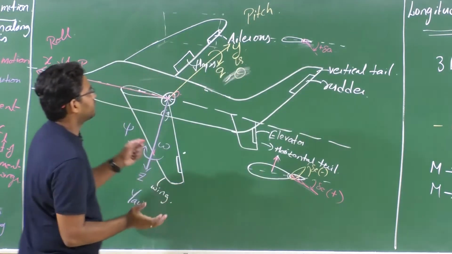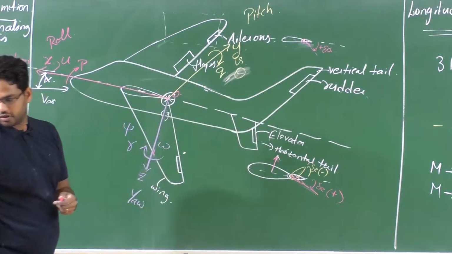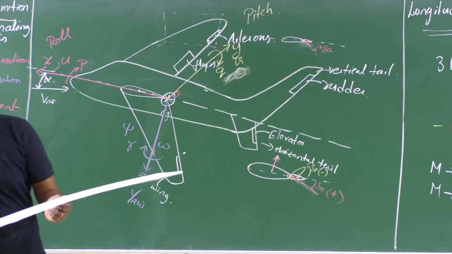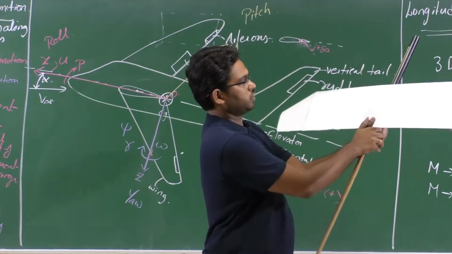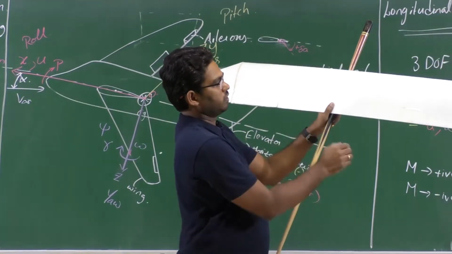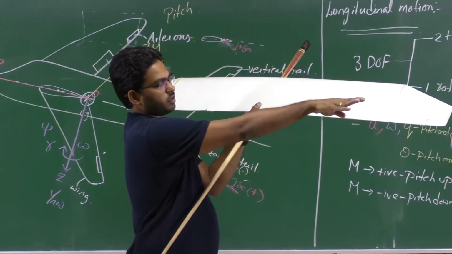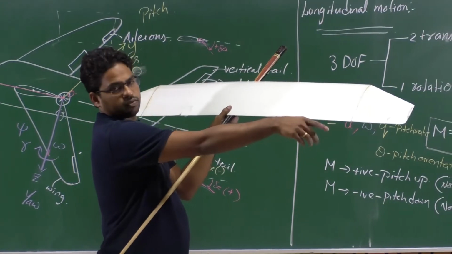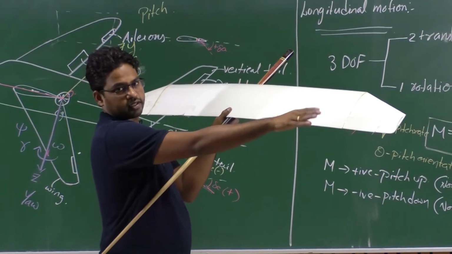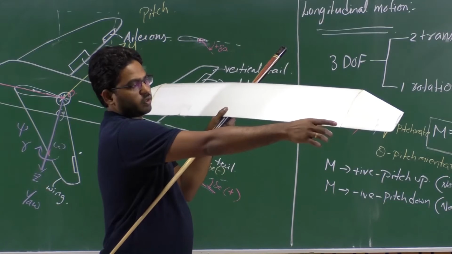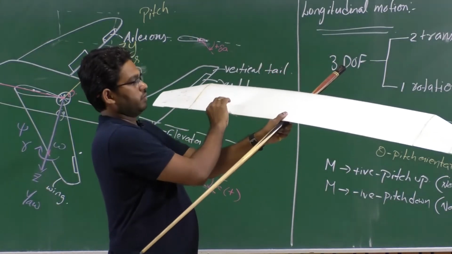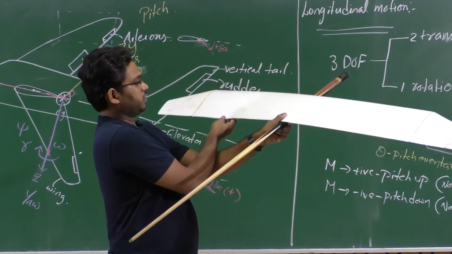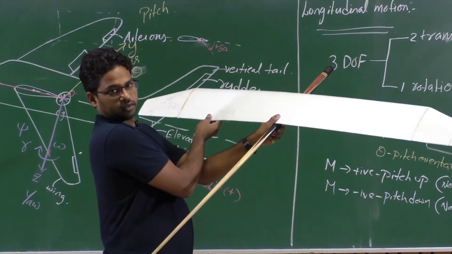On the other hand, when I deflect it up, let us say this is my nose. If I deflect this up, the aileron will change the local aerodynamic force there, so the resultant local aerodynamic force will be acting downward, right? And then when I deflect that up, I have to deflect this down. That is how the convention for the ailerons is.